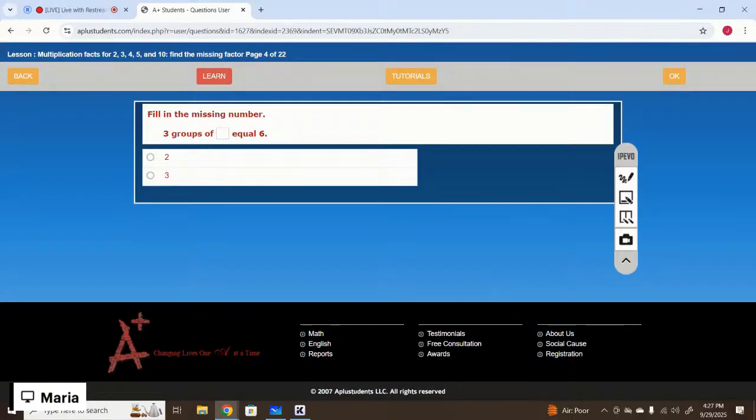Three groups of what equals 6? Three groups of 2 equals 6. Option number 2 is the correct option.